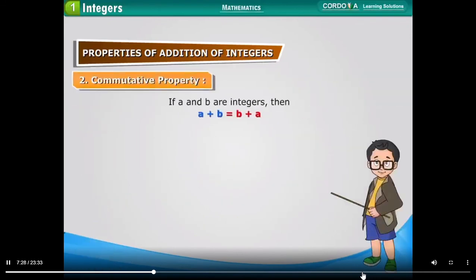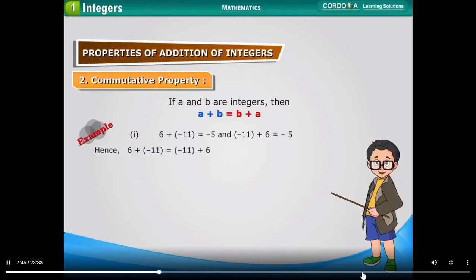Commutative property. If a and b are integers, then a plus b is equal to b plus a. Example: 6 plus negative 11 is equal to negative 5 and negative 11 plus 6 is equal to negative 5. Hence, 6 plus negative 11 is equal to negative 11 plus 6.